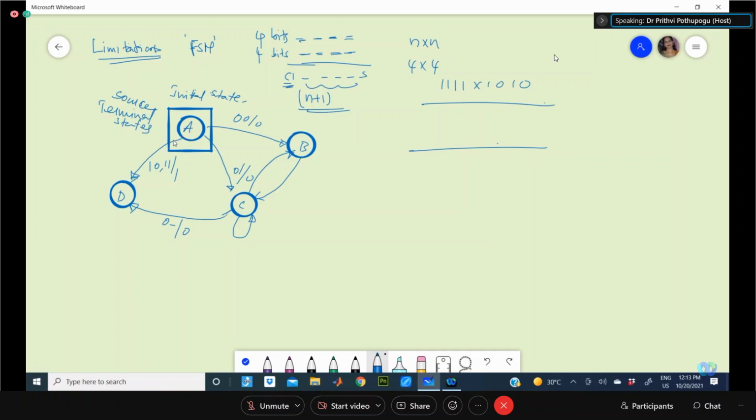If you check B and C, there is a possibility of reaching that state and leaving that state, or staying back in that state, so it has both outgoing and incoming paths. But if you consider this state D, once you reach that state, you will never leave that state.